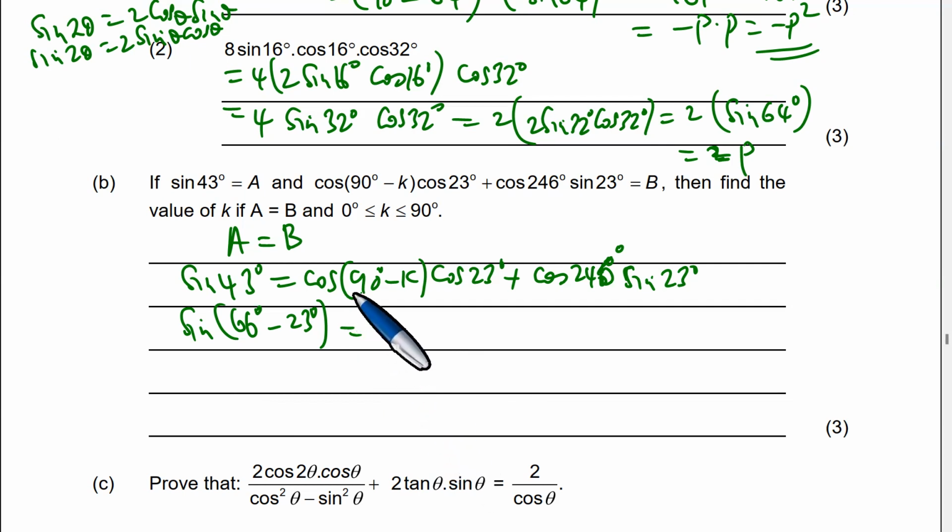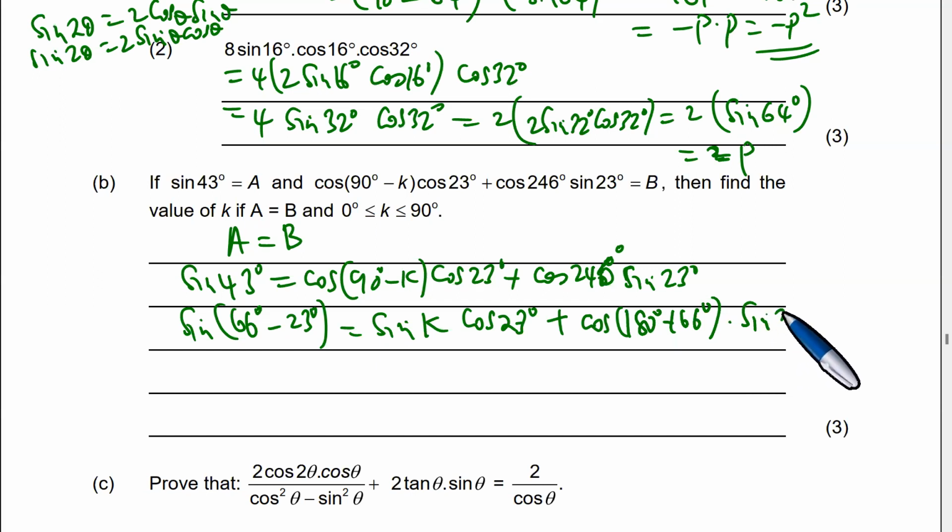Now, in which quadrant is 90 minus K? In the first, where all these functions are positive, but co-function change at 90 degrees. By the co-function rule, cosine changes to sine. Then you have cosine 23 degrees, and 246 is the same as 180 plus 66, and then sine 23 degrees.